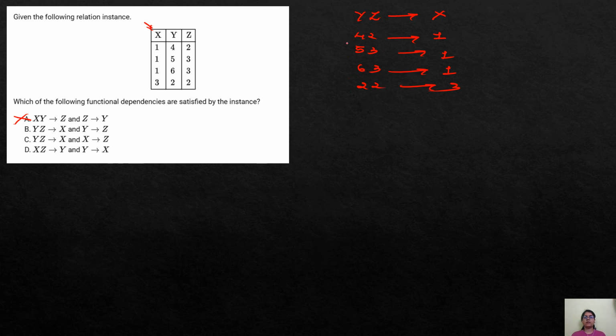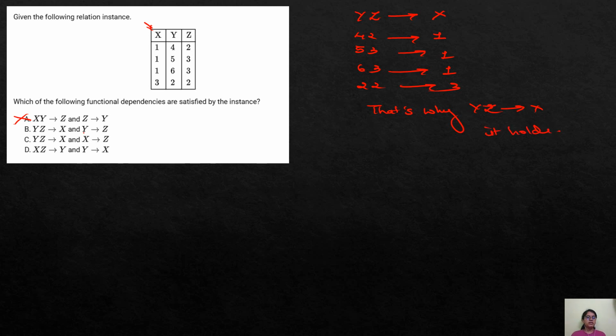All are unique values. We don't have to check the RHS, it may have duplicate or unique values, we don't care. But the LHS should be unique, and it is unique. That's why YZ holds this.